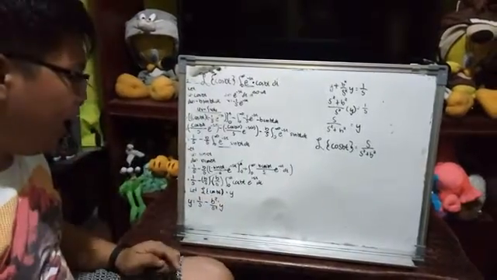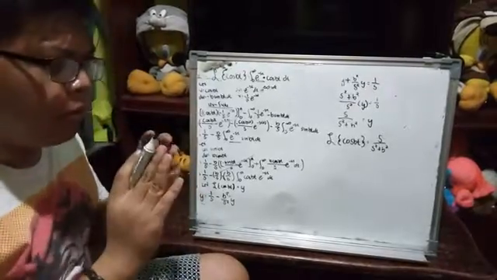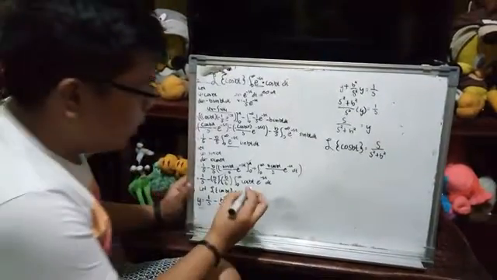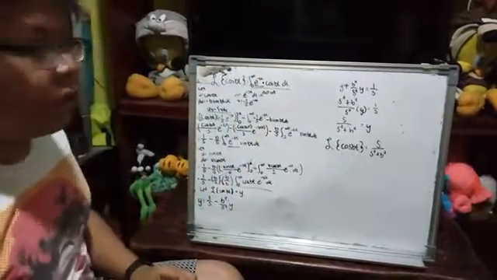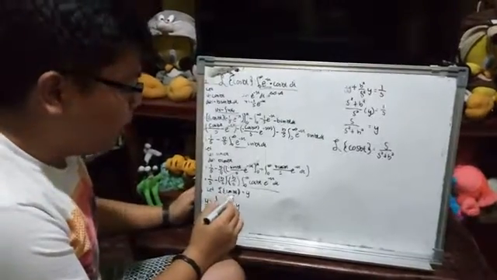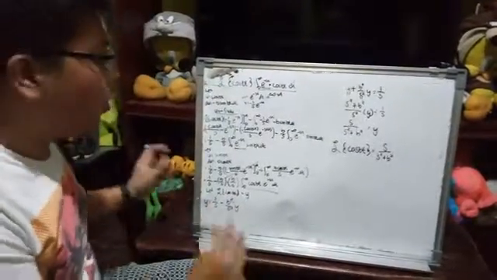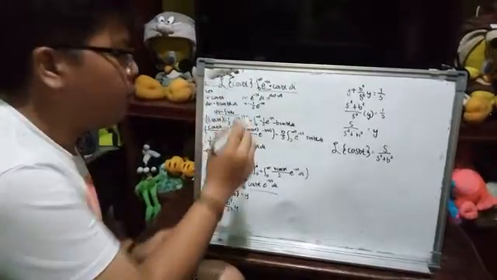You're wondering why there's y here. If you notice, the equation here is just equal to this one, so I let the Laplace of cos bt be equal to y. So all the values of Laplace of cos bt will be equal to y.